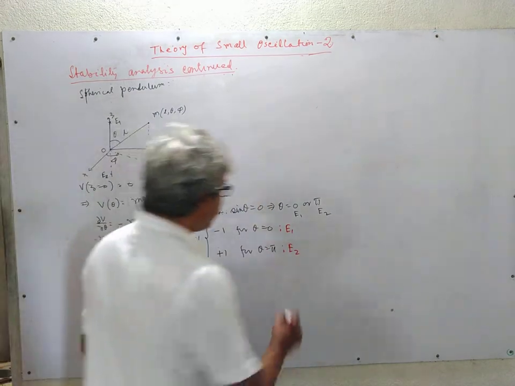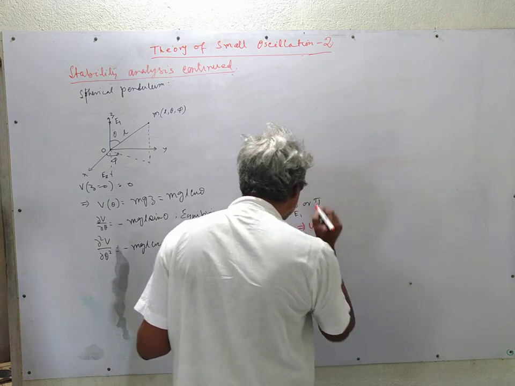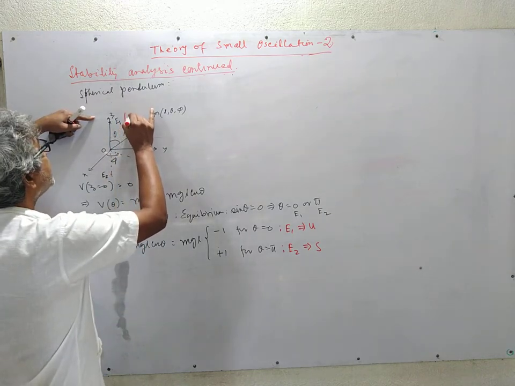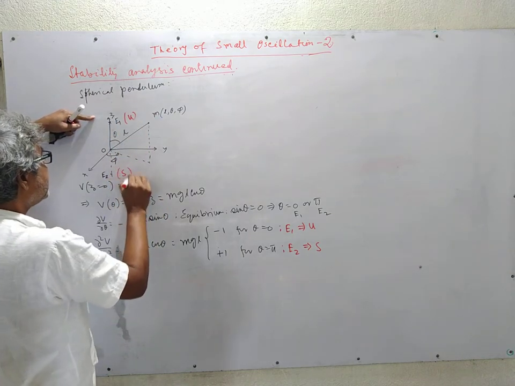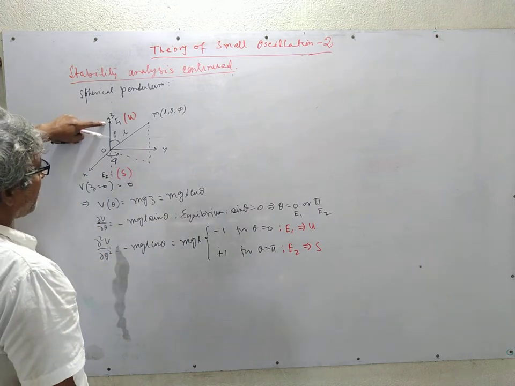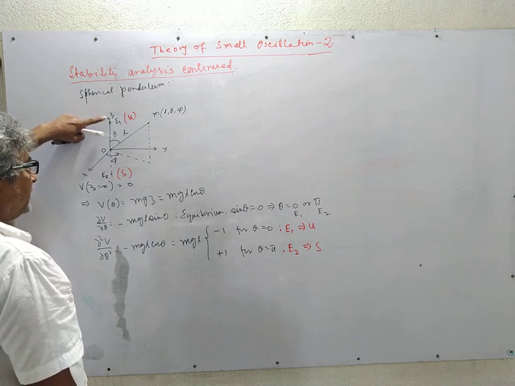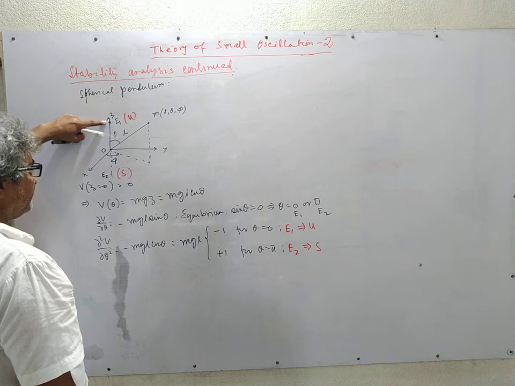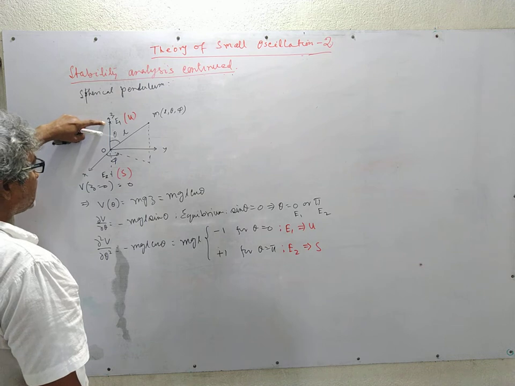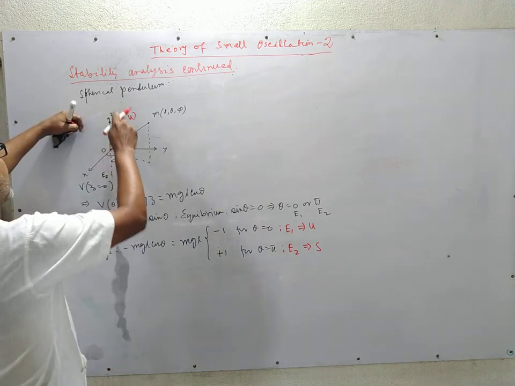Since mgl is positive, this is a stable equilibrium point, and this is an unstable equilibrium point. If we slightly displace the bob when it is on the positive z axis, there is no gravitational force, this is an equilibrium position, and if we slightly displace it from here, the particle will move away from the equilibrium point.